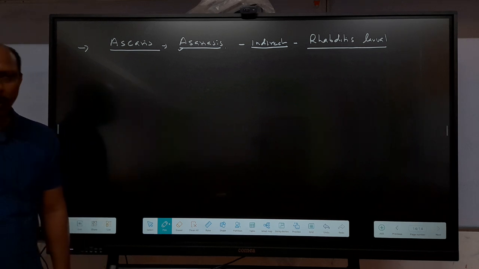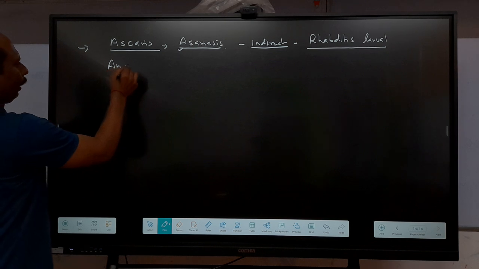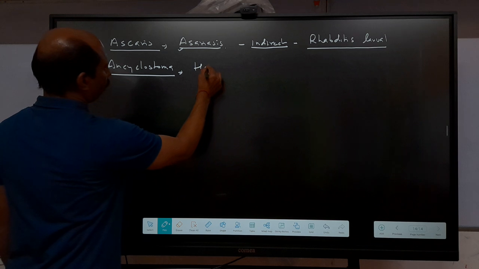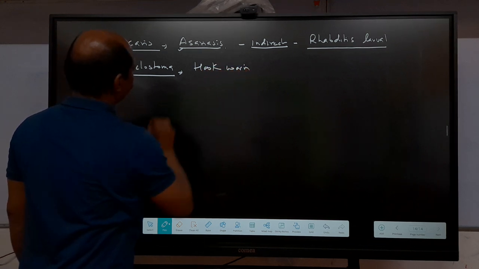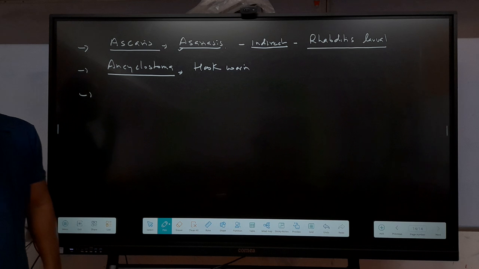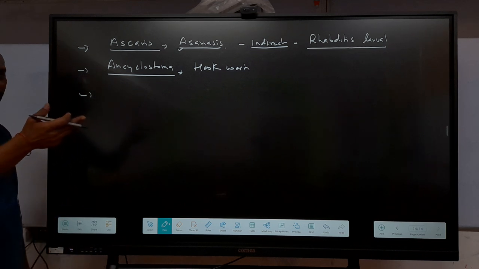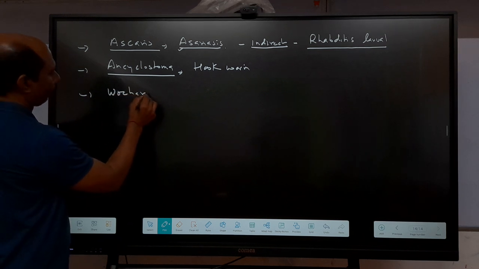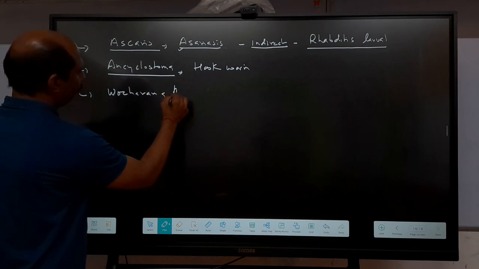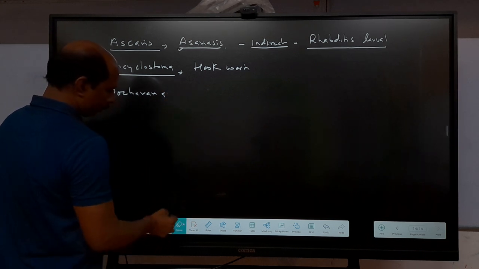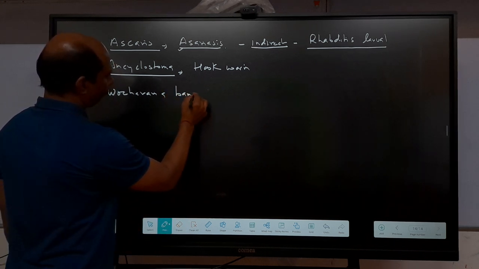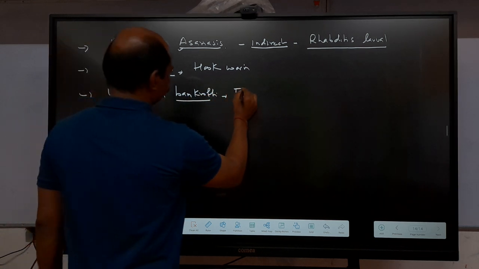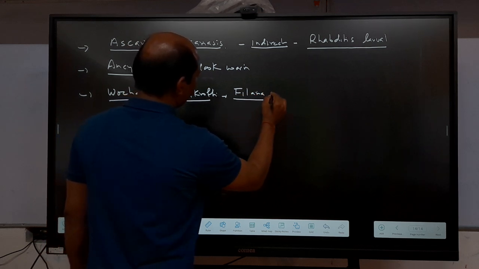Second one is our hookworm, Ancylostoma is given, commonly called hookworm, right? After Ancylostoma, we have the filaria worm, given also in our NCERT, that is Wuchereria bancrofti, W capital, filaria worm.